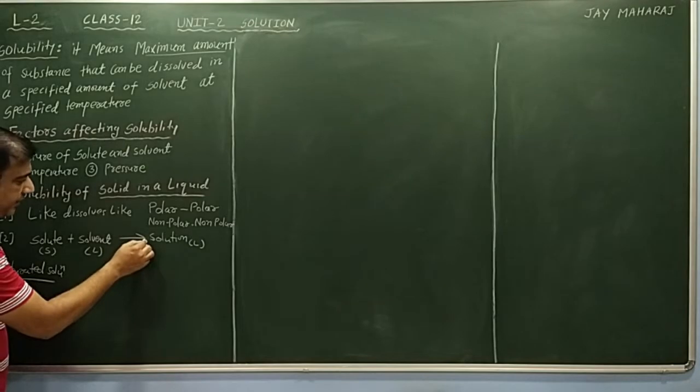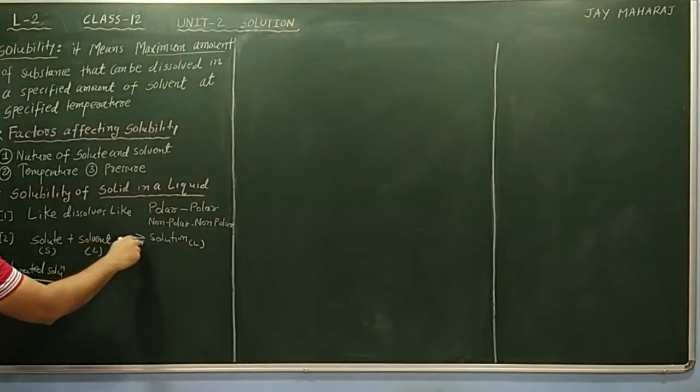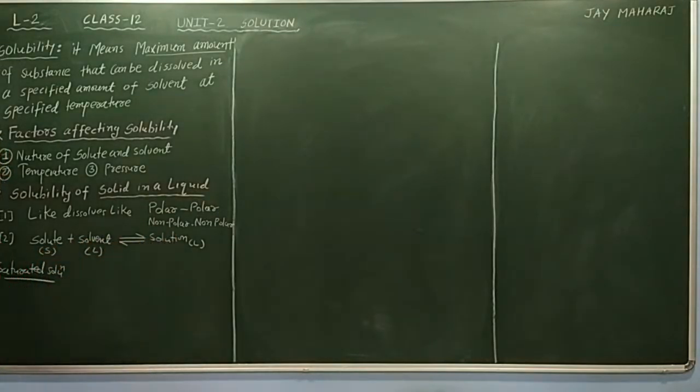Again, the reverse process is crystallization, where particles of solute are separated from the solution. When a saturated solution is formed, equilibrium is established between the solute and the solution. That means no more solute can be dissolved in it.